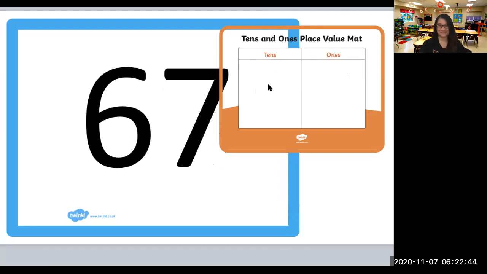67. 6 goes into the tens and 7 goes into the ones.